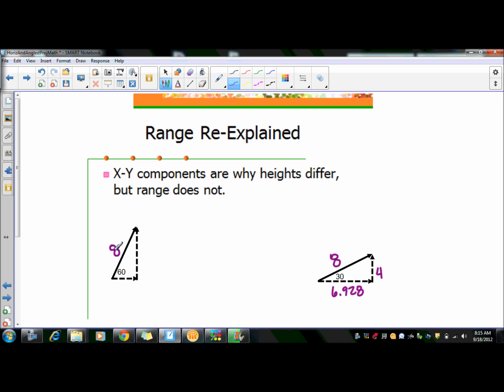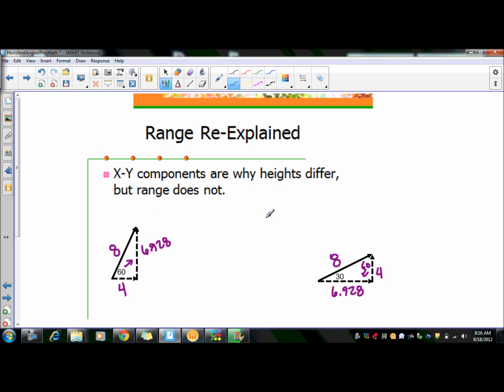This is still 8 because it's the hypotenuse, but now across from the 60 would be 6.928. And across from the 30 would be 4. So what you see is that with complementary angles, you get the exact same sides. The difference is which one's vertical and which one's horizontal.